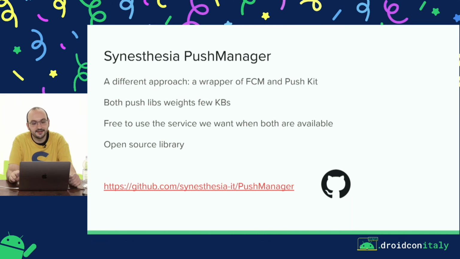And in this library we used a different approach because the Google Maps and the Huawei map libraries, for example, are bigger libraries, so they weigh some megabytes, and we don't want to have a giant APK on our stores.